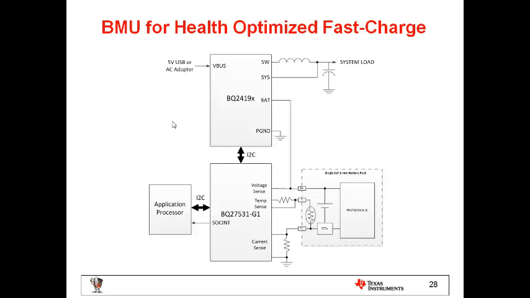The APU or application processor will communicate over I2C with the gas gauge, while the gas gauge will own all the gauging algorithm by measuring voltage, temperature, and the current that leaves or enters the battery, and determine the state of charge and state of health for that battery. Based on that information, it will also decide to run the MaxLife algorithm and directly take control of the battery charger.